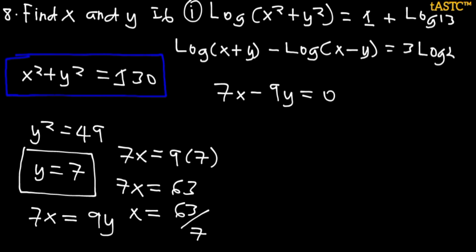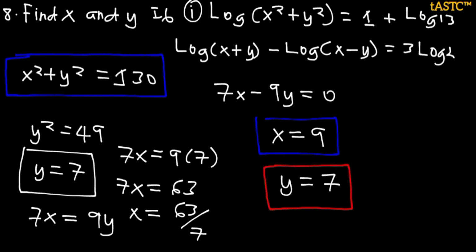So what we find here is that first, x is equal to 9, and secondly, y is equal to 7. And that basically will be the answer to the question.